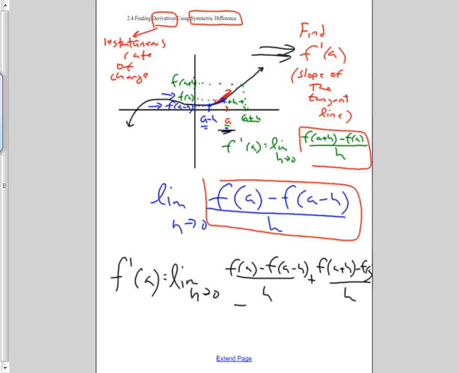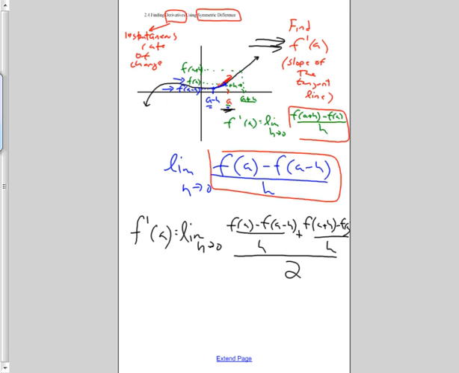And we're taking the average, so we're going to divide that by 2. So now let's combine this. We're saying f prime of A equals the limit as h approaches 0. Well, we've got an f of A minus f of A. So those are going to cancel out.